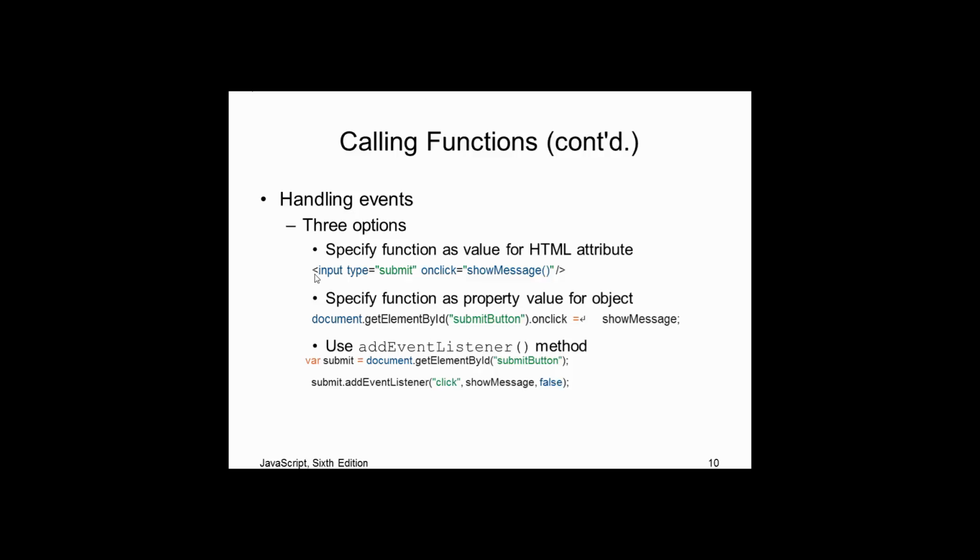This top way of handling events, this is what we did in chapter 1. Okay? For a long time, that's what I was used to. You put the attribute OnClick inside of your HTML.